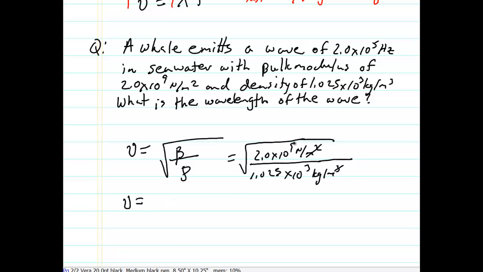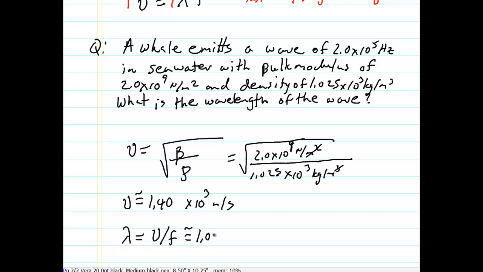10 to the 9th over 10 to the 3rd gives 10 to the 6th. Square root of that will leave us 10 to the 3rd. And we have 2 divided by 1.025 and take the square root. When I do that, I get 1.40. So 1.4 kilometers per second is the speed of the wave. Lambda, the wavelength, is the speed divided by the frequency.